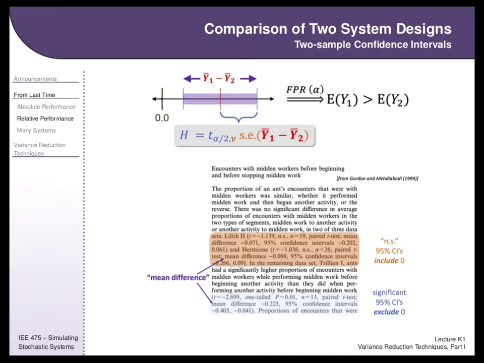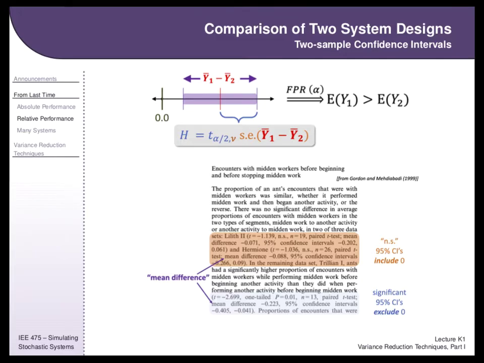Because that confidence interval does not include 0, they conclude that these two groups are significantly different. So just by showing me the confidence interval, you summarize whether you have found a significant difference or not. But now the confidence interval is in terms of a difference, and you're testing against 0, as opposed to an absolute value tested against a particular hypothetical mean.